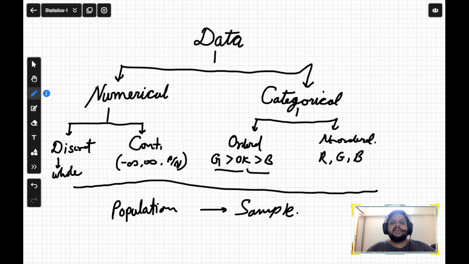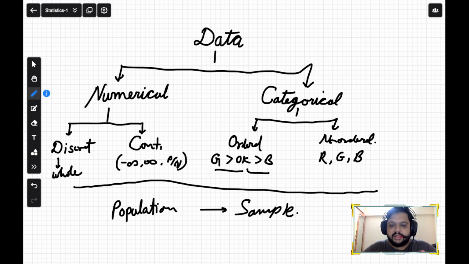Correct. So in coming videos, we'll be studying more about how we calculate the sample, and then we'll go to the central tendency, like mean, median, and mode, and how to start using them, which one is important, which one is not that important, and how their combinations actually help us in deriving statistical information.